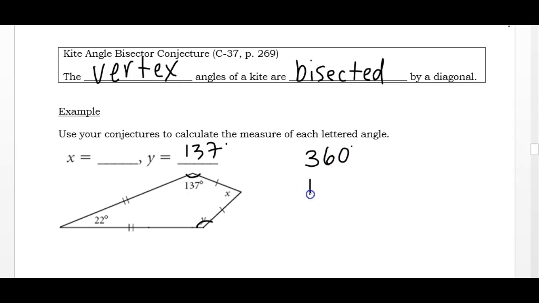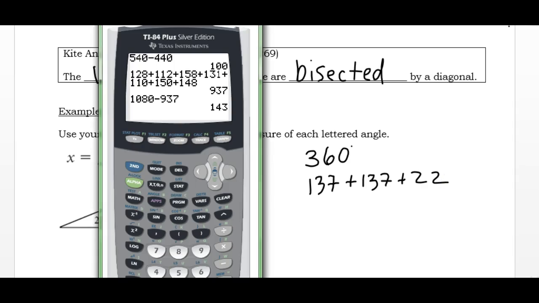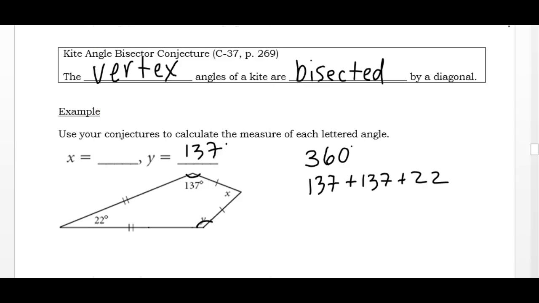So I have 137 plus 137 plus 22, and then see what's missing to get 360. I got lazy, but 360 minus 296 should come out as a positive 64. I typed it in backwards, I got a negative, but x is 64 degrees.